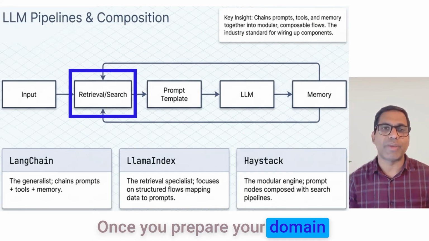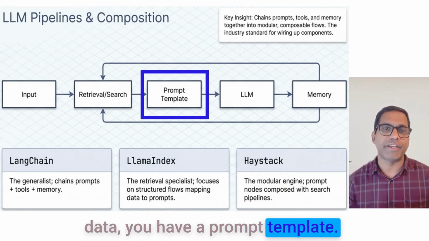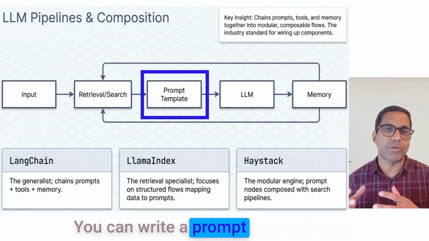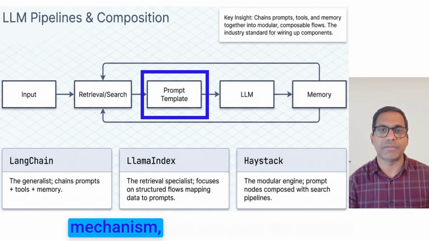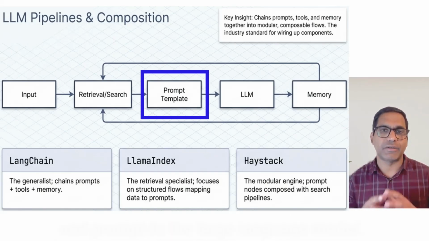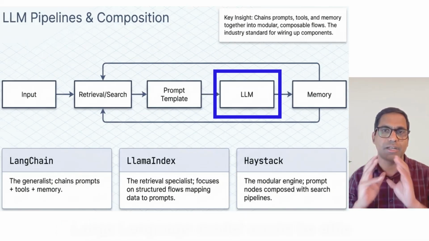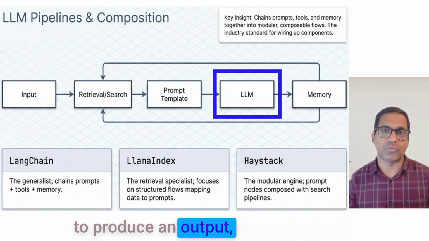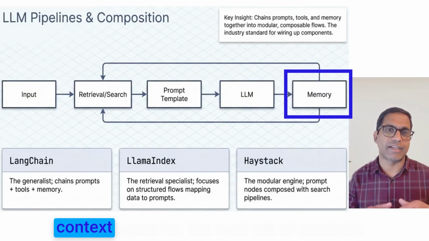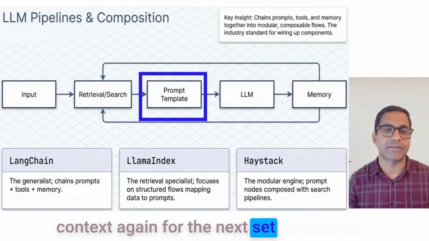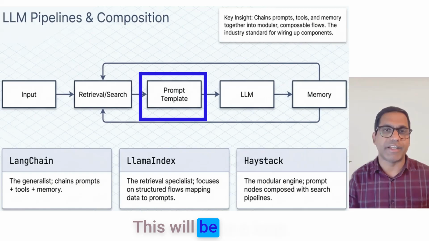Once you prepare your domain data, you have a prompt template. In the prompt template, you can write a prompt that will have a context from the retrieval or search mechanism, and you pass the context and prompt to the large language model. The large language model is able to produce an output. That output will be memorized and used as a context again for the next set of prompts. This will be in a loop.